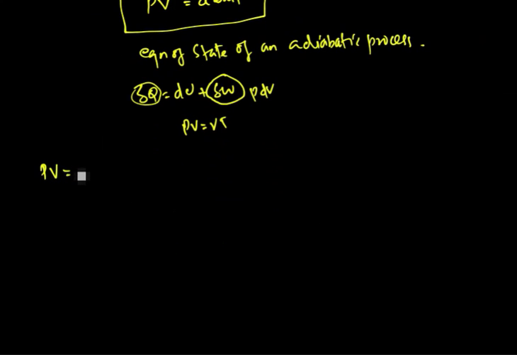Now you know that PV is equal to RT for an ideal gas, and the equation of state is P V raised to gamma is a constant.